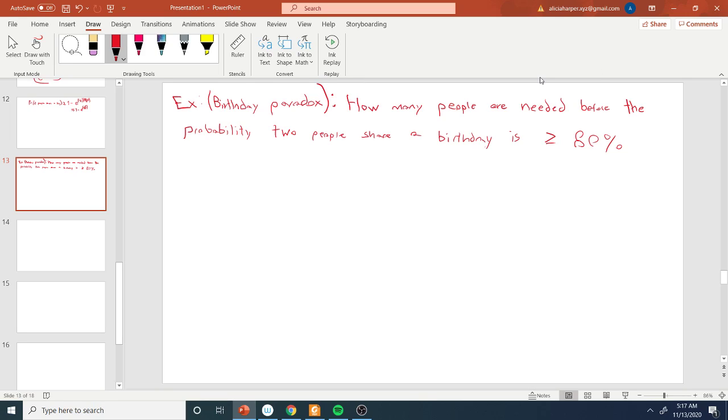So we're going to use our formula, which is 1 minus e to the negative n squared divided by 2k. And the number of keys in this case is just the number of birthdays. So k is going to be equal to 365.